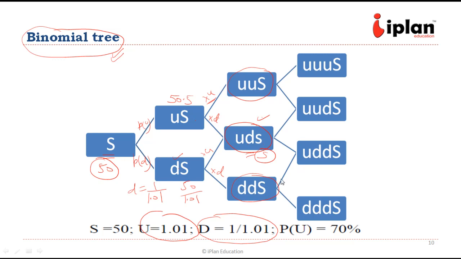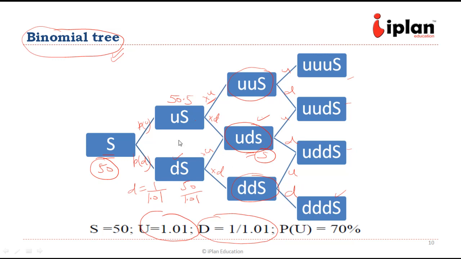And similarly there could be two possibilities, up or down. In the case of down, we again multiply by D. In the case of up, we multiply by u. Similarly here, down, up, down. So we get these values. So using binomial tree, we can understand what should be the value after multiple number of stages.